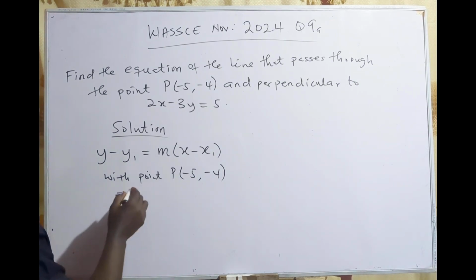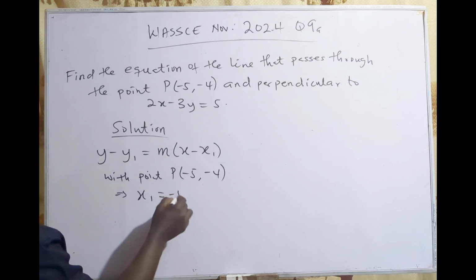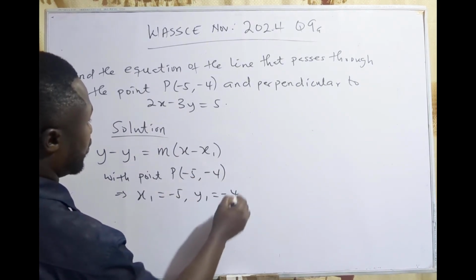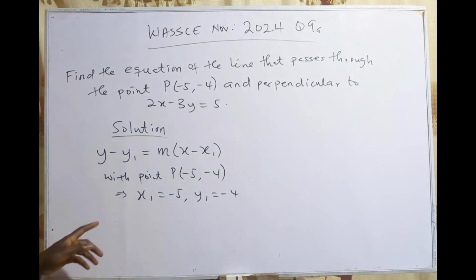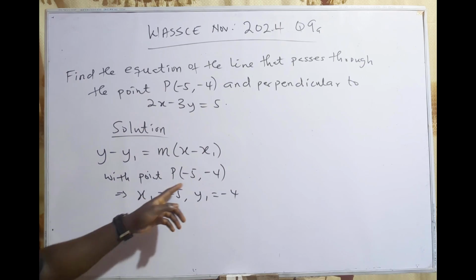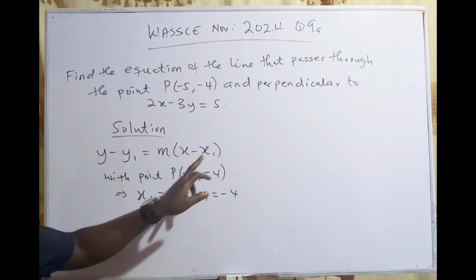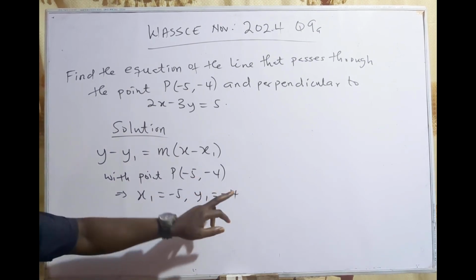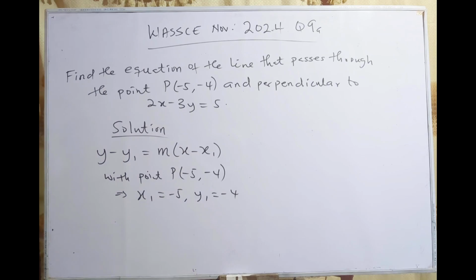It implies that our x1 is -5 and our y1 is -4. So x1 is -5, y1 is -4. How do we get our gradient?